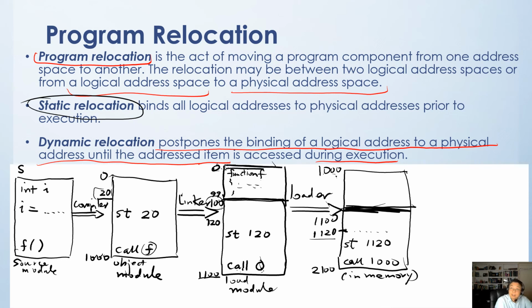Now, what is dynamic loading? Dynamic loading is slightly different. Okay, so let's say I'm going to squeeze some space here. If the loading is dynamic loading, so let's say I'm going to load it dynamically.